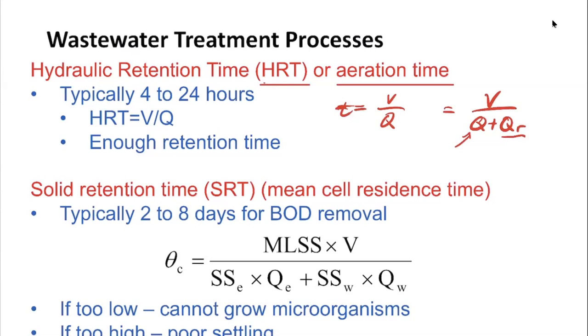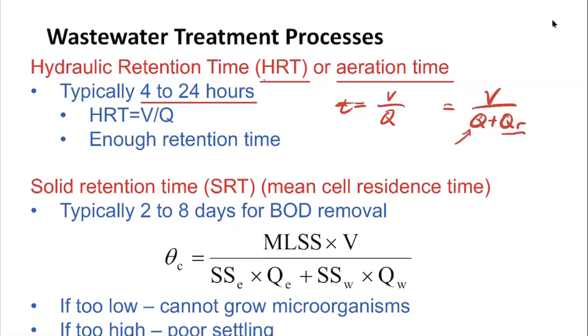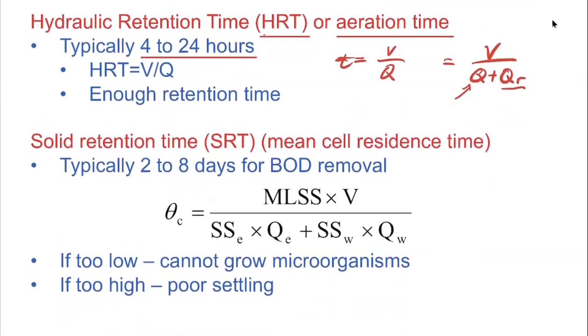So we normally control this aeration time to 2 to 24 hours, because this propagation process of the microorganisms is relatively slow. We want to let them grow sufficiently to remove this BOD here. So there's another definition of time, which is called the solid retention time. The solid retention time basically means how long these solids can stay in the entire system.